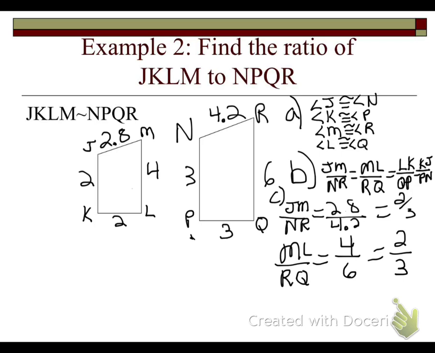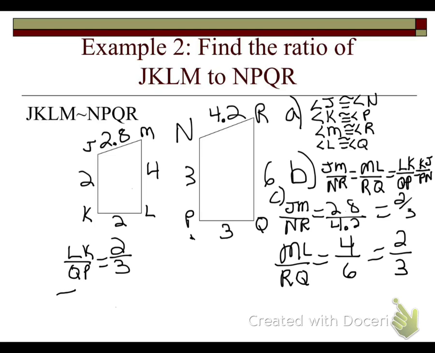Okay. Right here we see that we have LK over QP. This isn't our last one. We have one more. LK is what value? 2. And QP is 3. And then this is our truly last one.